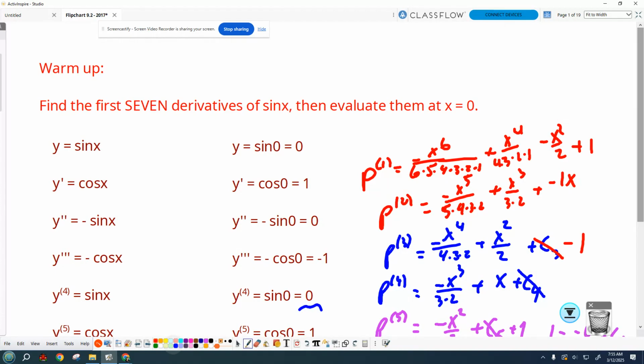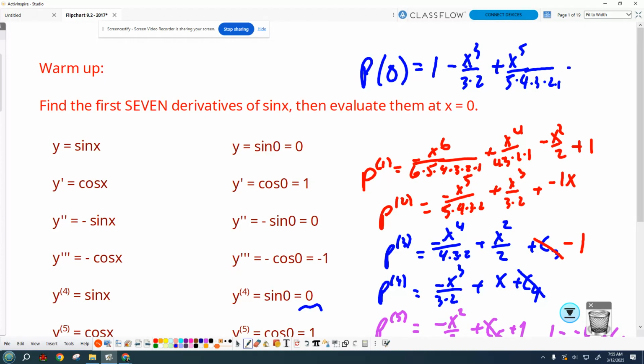Now in the end, the last one, the polynomial that's going to look like sine. I'm going to write it in reverse. 1 minus x cubed over 3 times 2 plus x to the 5th over 5 times 4 times 3 times 2 times 1. Is there a shortcut way to say that? Factorial.